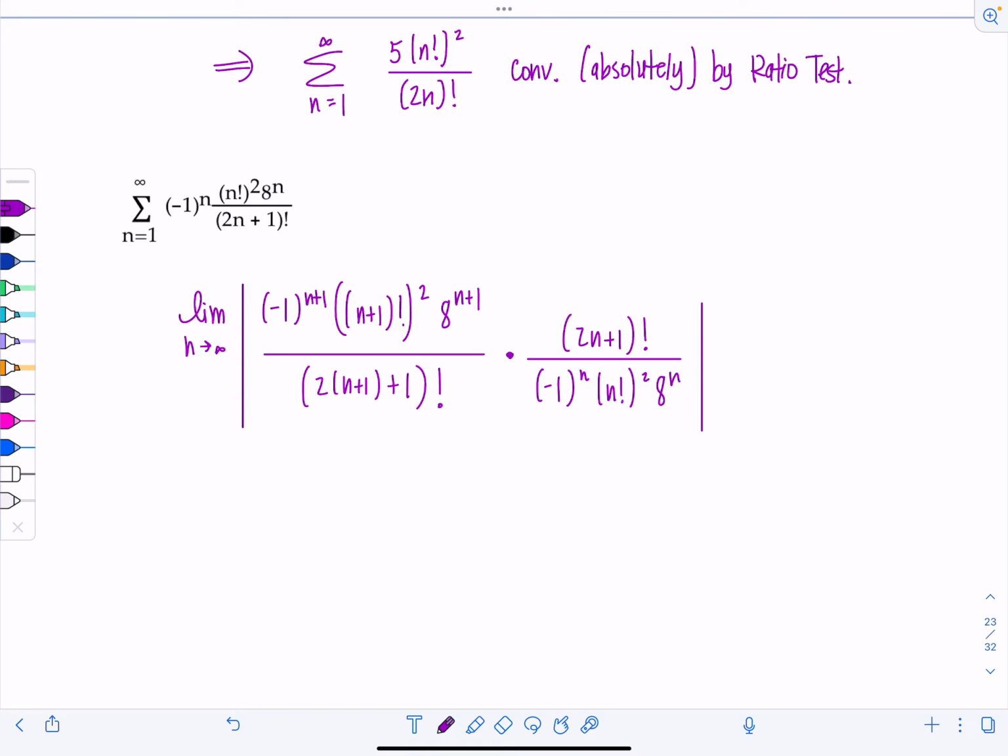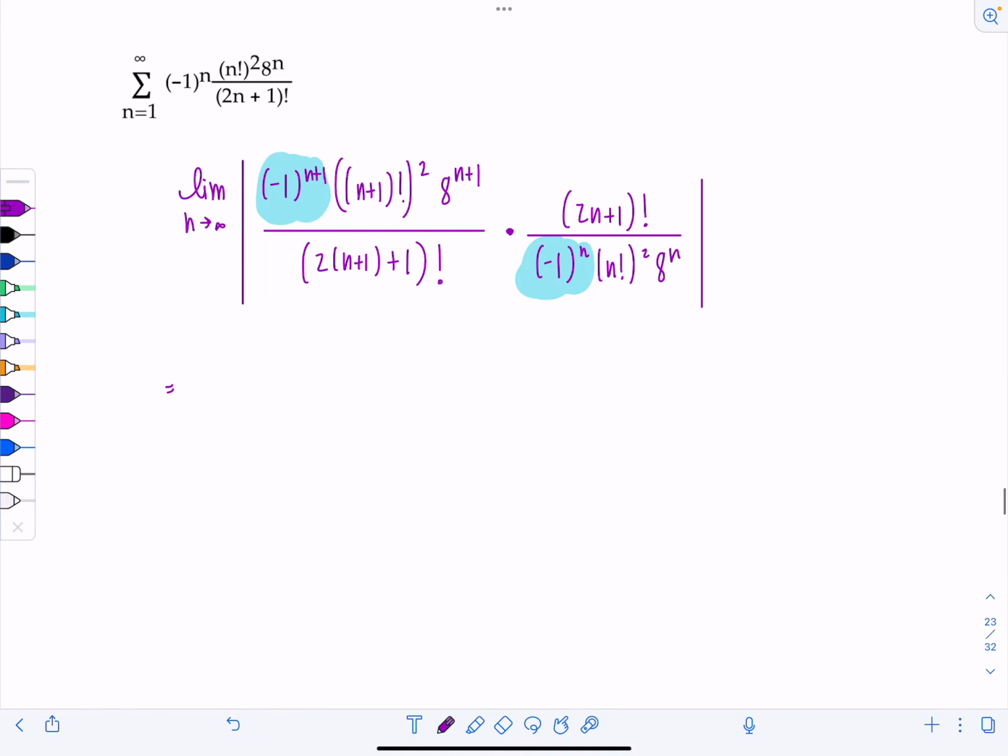Since I have these absolute values, the -1 to whatever doesn't matter, it's gone, because it's going to make everything positive. So I'm just going to dump those and stop writing the absolute value, since now I'm just left with n's and we're good.